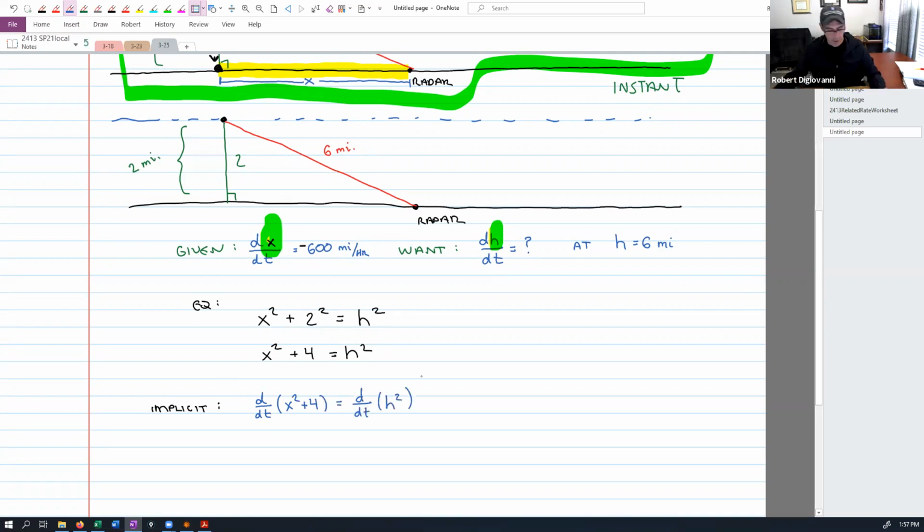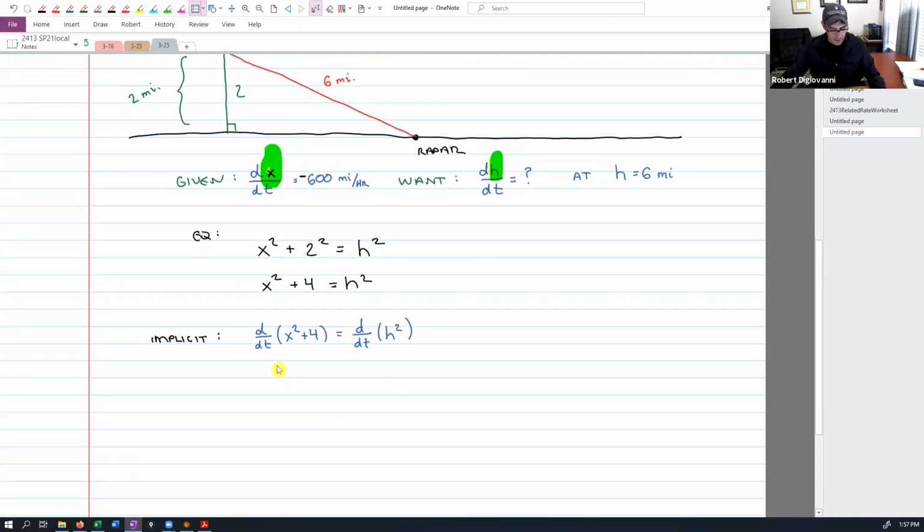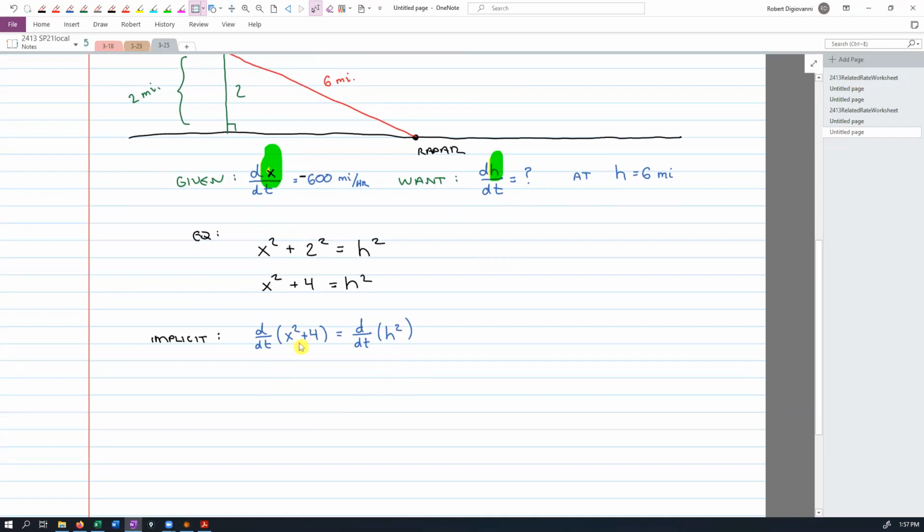All right, here we go. Carla, what do you got? So for the left side, it's 2x times dx over dt. And then the 4 would just stay or would go to 0?